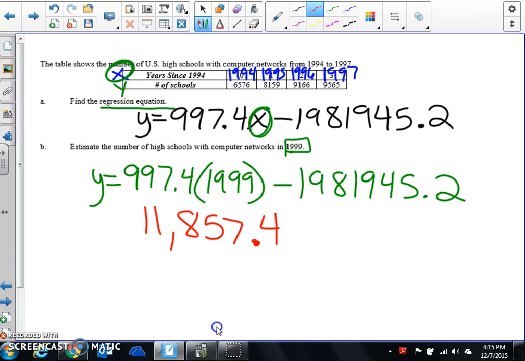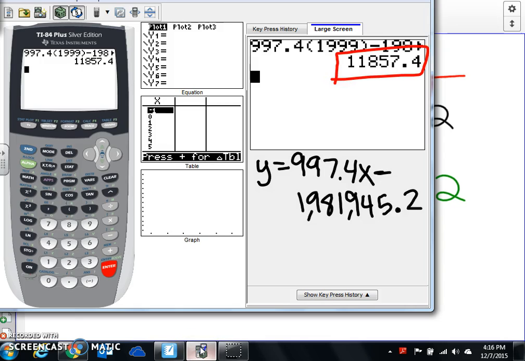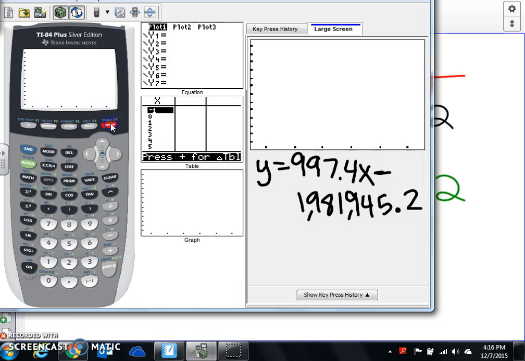Now, before you move on, that should make sense, because as I was going up in years, my correlation is positive, so it should be getting larger, right? And once again, if you wanted to check looking at your graph, you can do that by going to graph and then zoom 9, and those are your points.